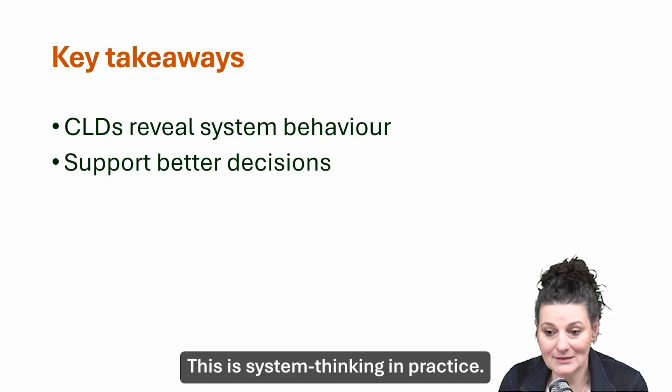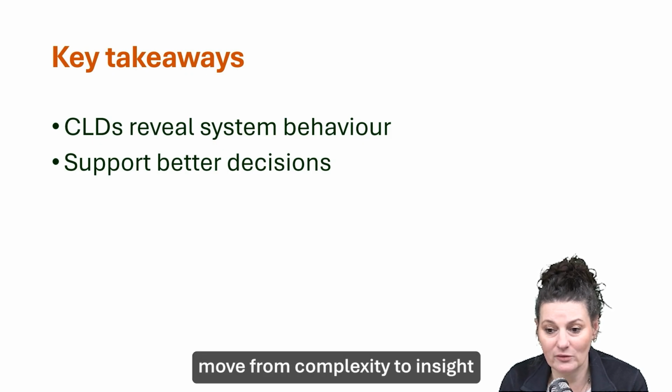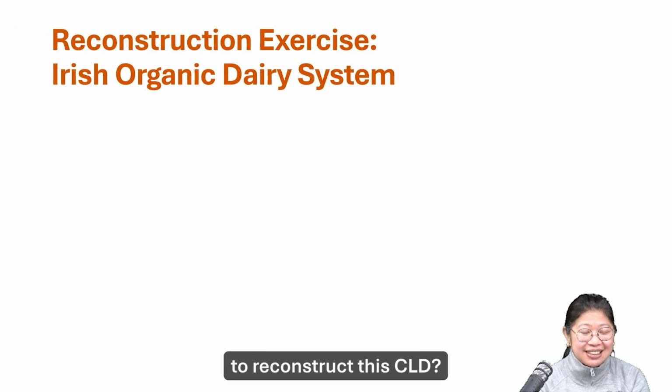This is systems thinking in practice. So causal loop diagrams help us move from complexity to insight, and from insight to action. Now, are you ready to reconstruct this CLD?